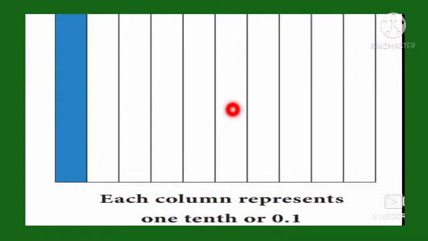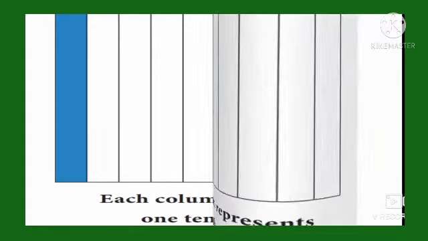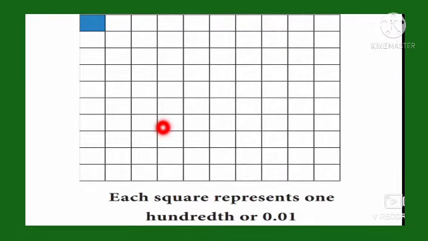And here, each column represents 1/10 or 0.1, the value of 1 by 10 is 0.1. And the complete grid is divided into 100 equal squares, isn't it? Here, each square represents 1/100 or 0.01.